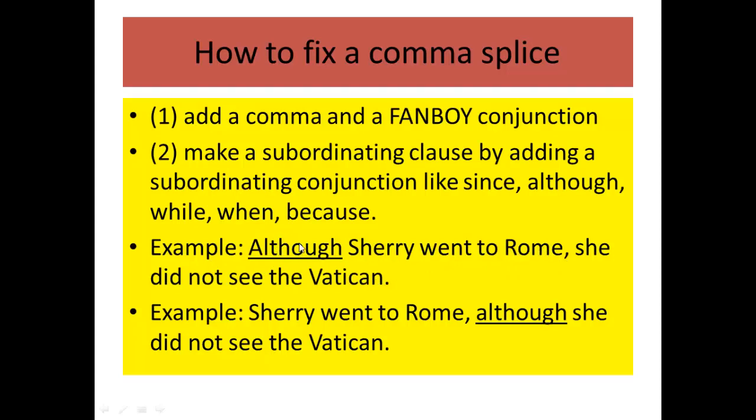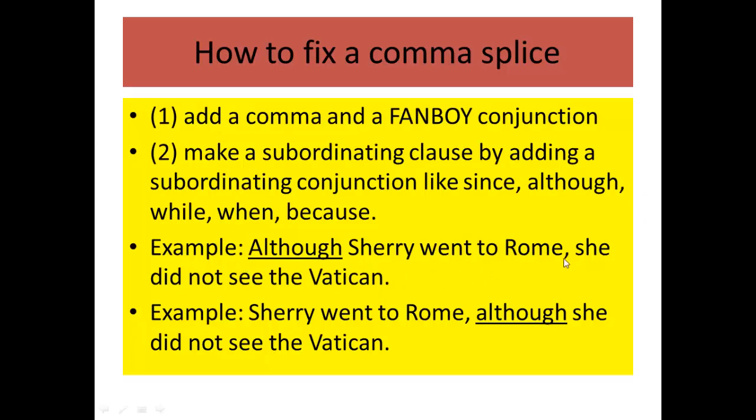In this example, my subordinating clause is the first clause. Although Sherry went to Rome, if I were only to say this to you and nothing else, you would wonder, yeah, what about it? So what? Because it's not a complete thought. So you have to have the comma here.